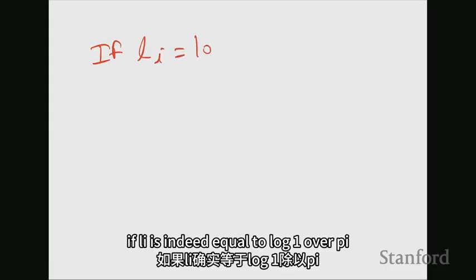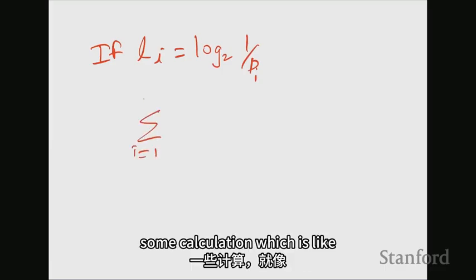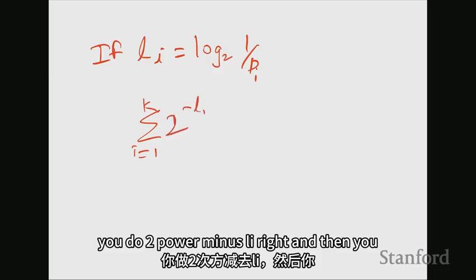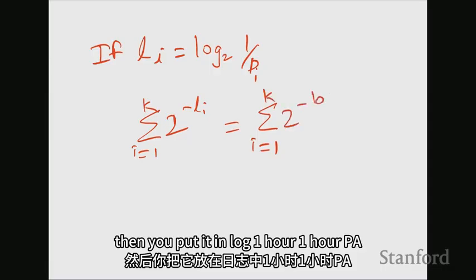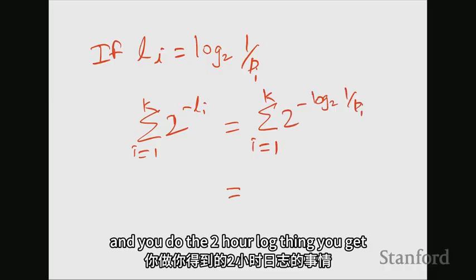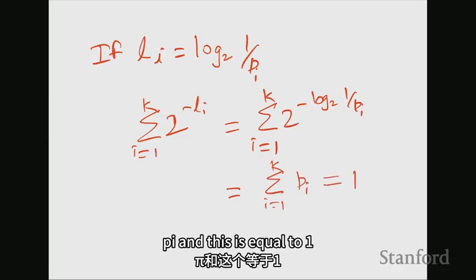Li is indeed equal to log 1 over pi, then you can do it very easily with some calculation. You do 2 power minus Li, put in log 1 over pi, and you do the 2 power log thing, you get pi, and this sums to 1.